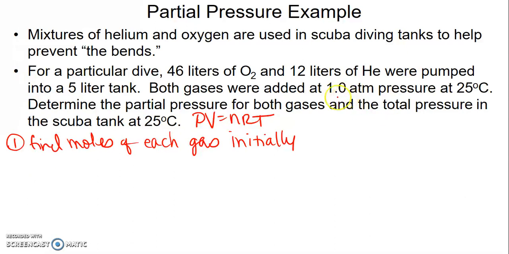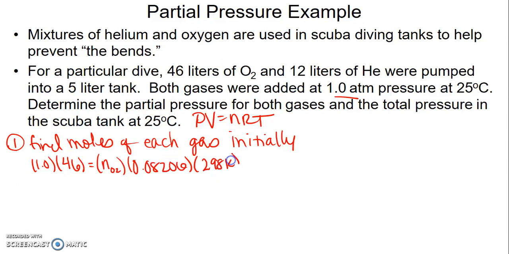It says here that they were at 1 atmosphere initially. It says we have 46 liters of oxygen, so let's use that one first. We're finding the moles of oxygen. R is the universal gas constant. And it says we're at 25 degrees, which is 298 Kelvin.